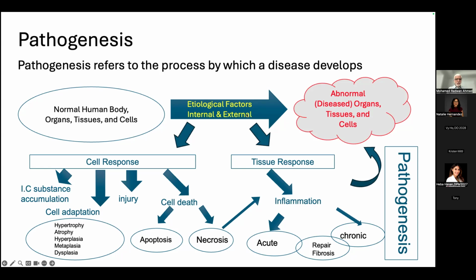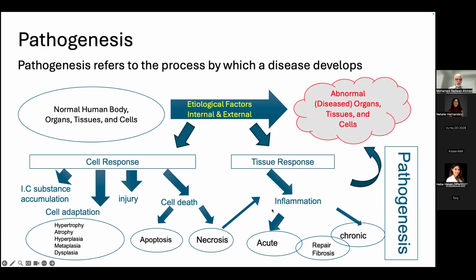The etiological factors that can cause disease affect that body, so that body reacts. We get tissue response, and the important tissue response is inflammation. So obviously, inflammation is a very important mechanism of disease in humans.